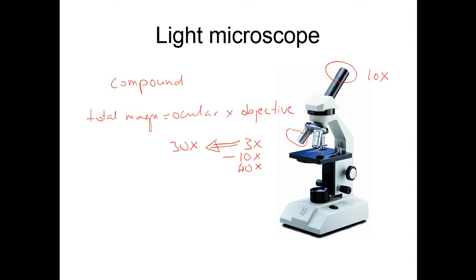And here it's 100 magnification, and for that it's 400 magnification. How simple to figure it out. Way back, Robert Hooke and Anthony van Leeuwenhoek used only simple microscopes. They had only one lens, not two.